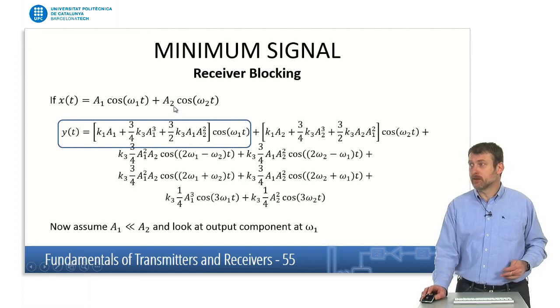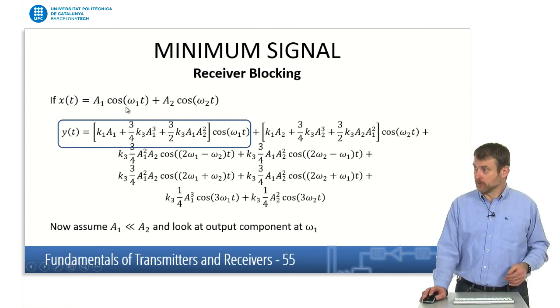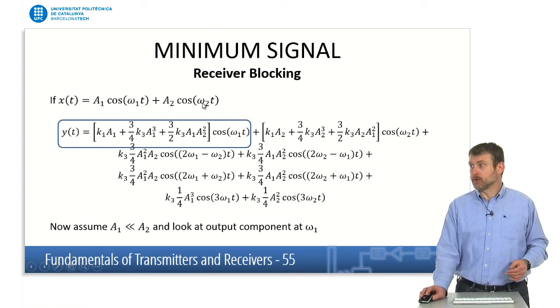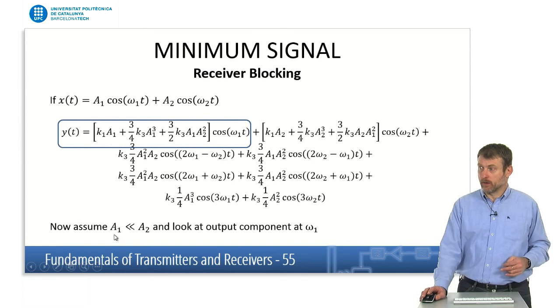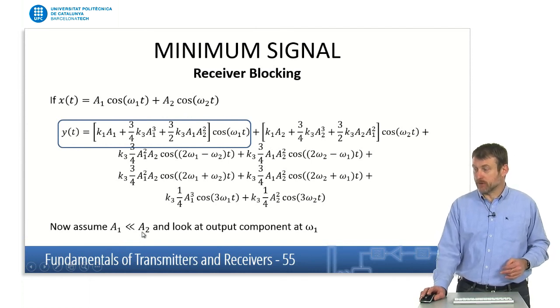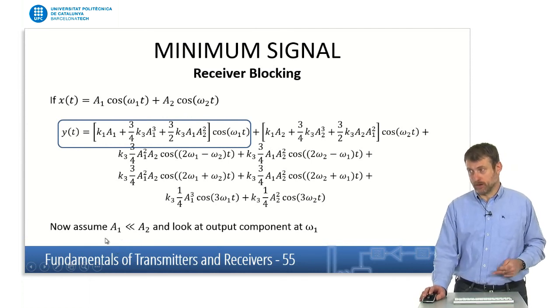Now imagine that the tone at frequency omega 1 describes our desired signal, and the tone at frequency omega 2 is an interference signal. And assume a very unfavorable scenario where the amplitude of the interfering signal is much stronger than the amplitude of our signal.